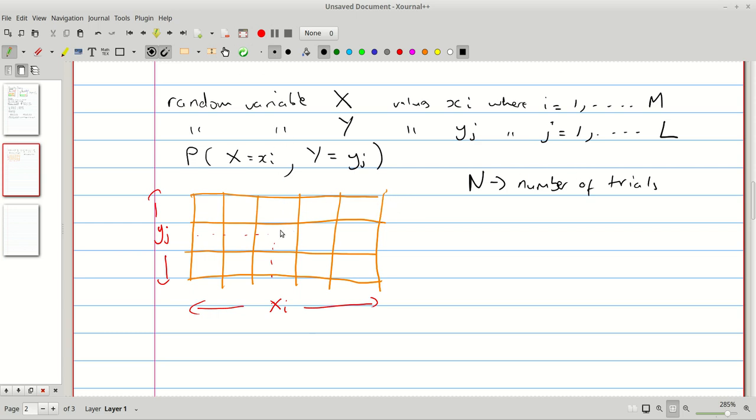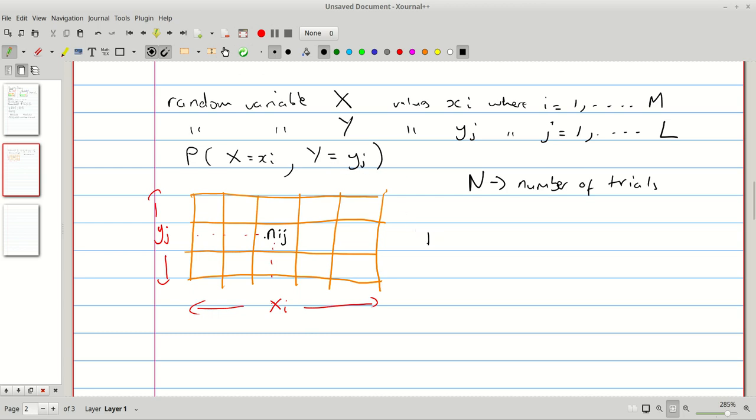So let's say the number of times we choose xi and yj is, just to make it very basic, nij. Okay, that's given. Now we can ask ourselves, what is the probability of choosing xi and yj?